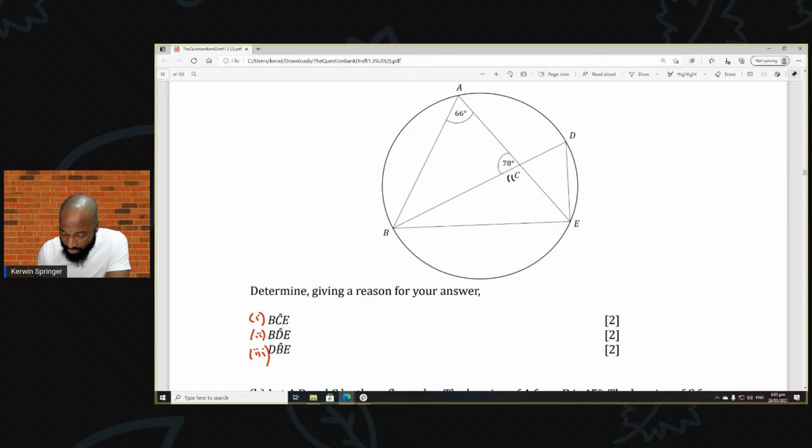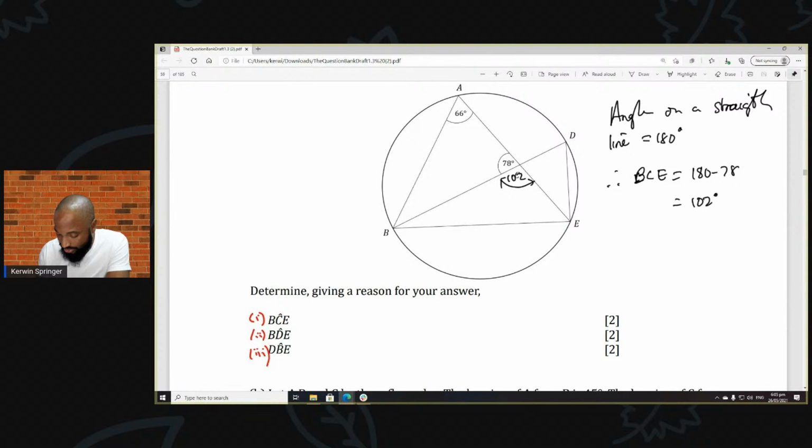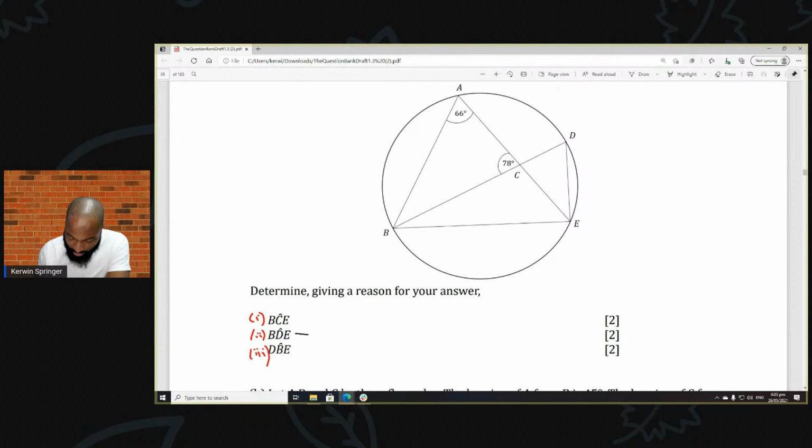For 3 marks, the angle is 102. And you state that this is 102 because of angles on a straight line. Angles on a straight line equal 180 degrees. Therefore, BCE is equal to 180 minus 78, which is equal to 102. Easy. All right, next one, BDE.